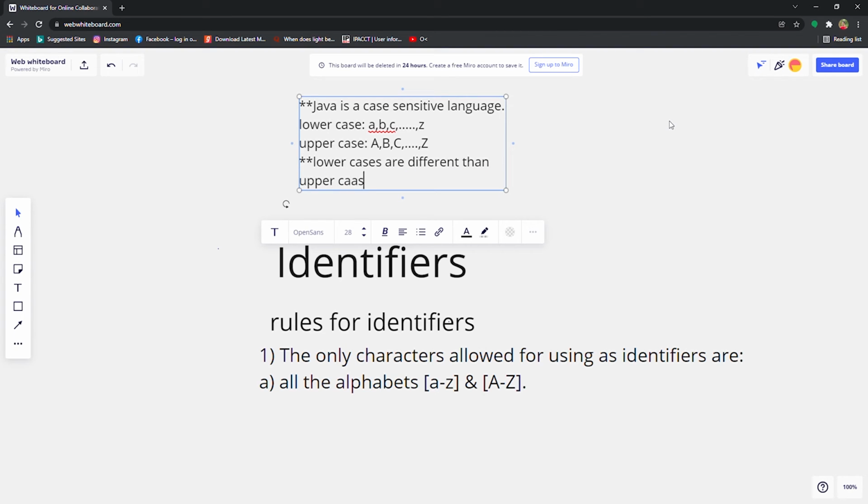Okay, just quote this, right? Lower cases are different than upper cases.